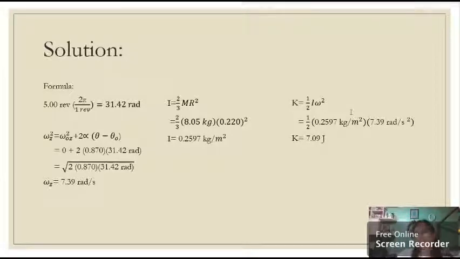So we plug in the values that we have computed, which is 0.2597 kg per meter squared, multiplied by omega, which is 7.39 rad per second, squared. And then we got the kinetic energy of 7.09 joules. That's it. Thank you.